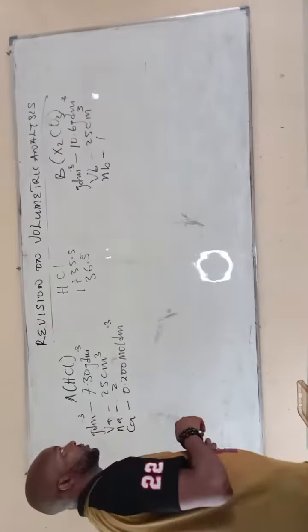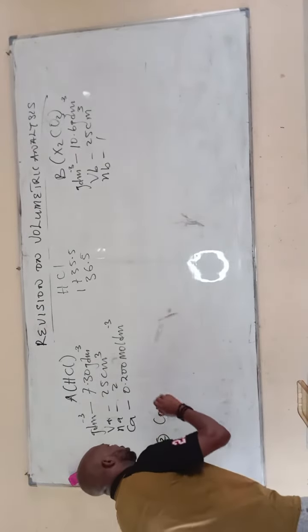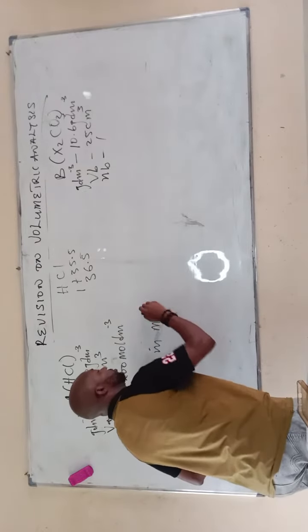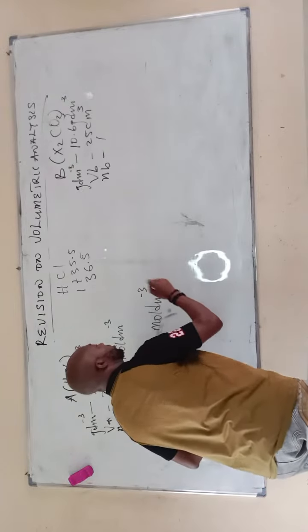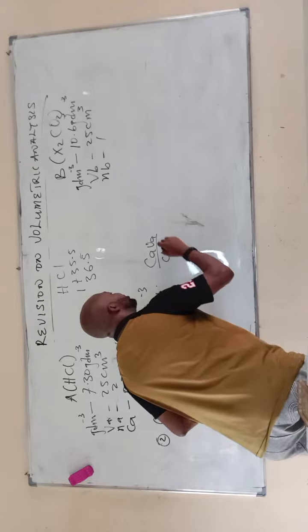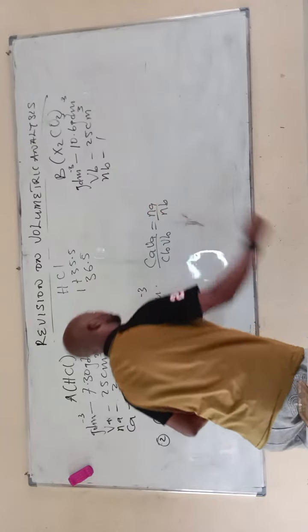Okay, now we go. Number 2, concentration of B in mole per dm3. We're going to use CAVA over CBVB is equals to NA over NB.